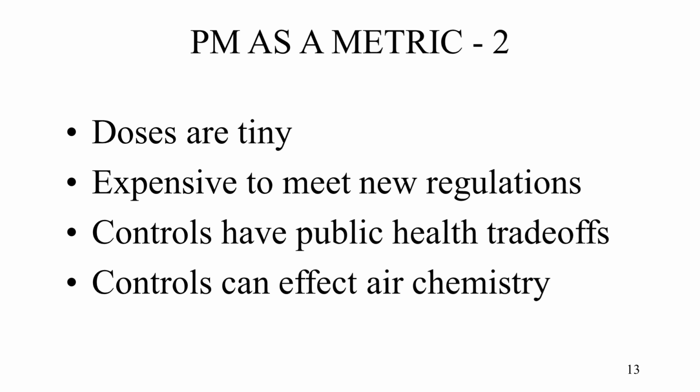Another factor in whether or not this is a good metric is the doses are very, very tiny. I'm going to do a thought experiment. Einstein did thought experiments. And I'm going to assume that you've got a person who lives in an area that's always at the maximum allowed PM2.5 level. And they always are outside, whereas we're outside about an hour a day.